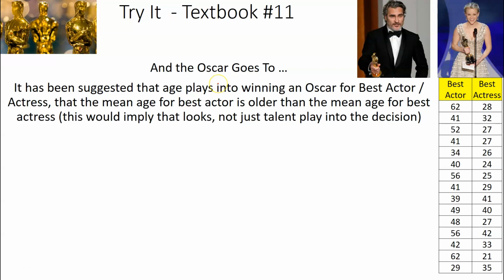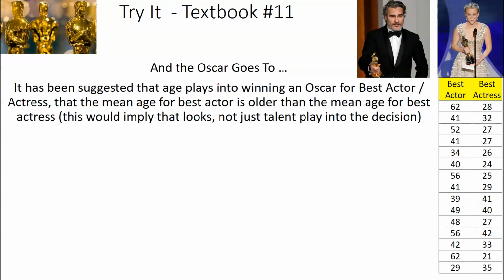Okay, I'm going to let you try one of these. So there's this idea out there that when it comes to the best actor and best actress, so we're talking about the Oscars here, the Oscars, of course, are those awards that go to movies. There's a couple of big categories, the best actor category and the best actress category.